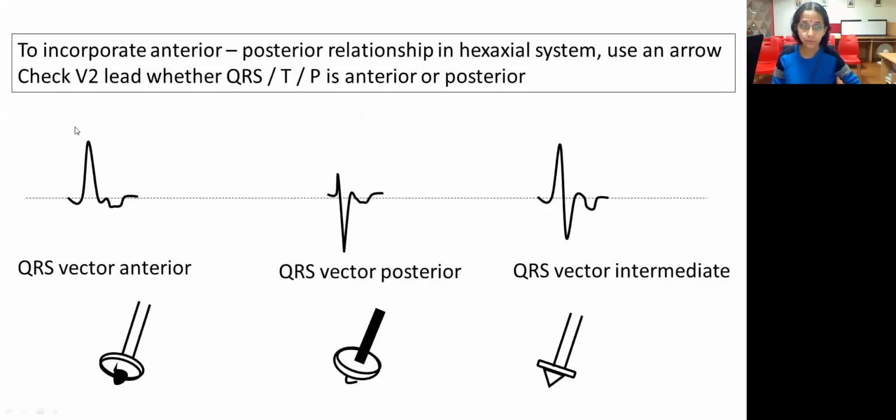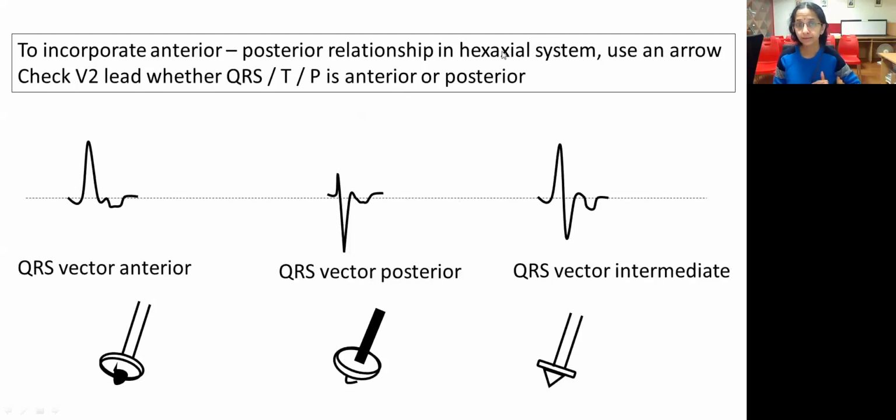So if lead V2 is positive, then you know that your axis is predominantly anterior, and that's how it is denoted. And if your vector is completely negative in lead V2, then you know that the primary axis is posterior. And if it's equiphasic in V2, then it is an intermediate axis in terms of anterior and posterior relationship. So this is an important understanding.